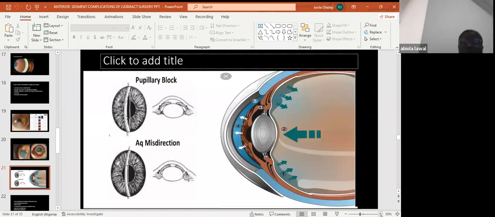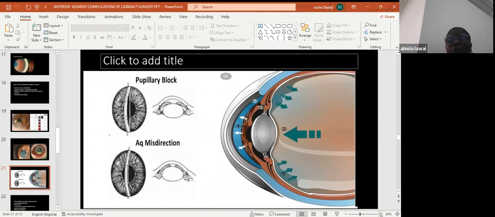So another post-op complication is pupillary block. Pupillary block can occur with anterior chamber intraocular lens. It can occur with posterior chamber intraocular lens, particularly in the setting of zonular dehiscence, where slight subluxation of the lens can cause a pupil block.